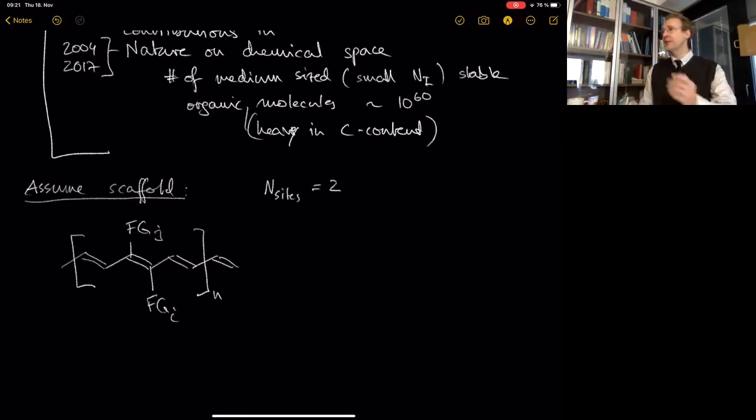We have two sides where we can change the functional groups, right? And you could, for instance, imagine, so this is drawn in the typical chemical way, so something like this corresponds to this, right?